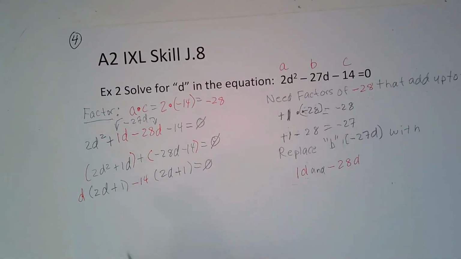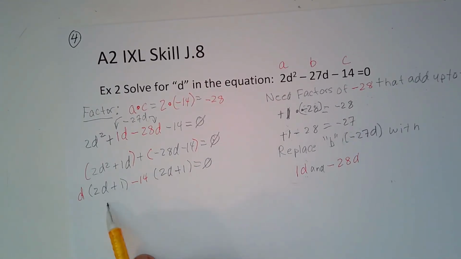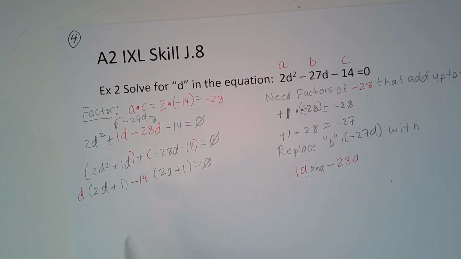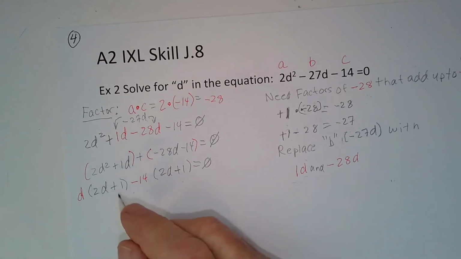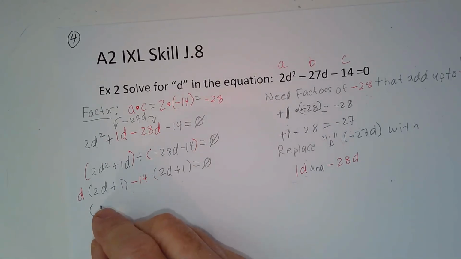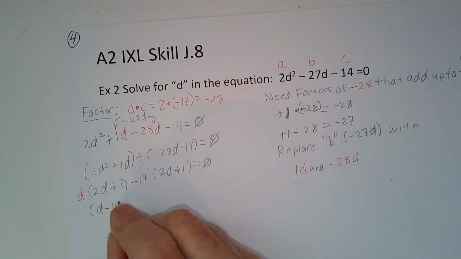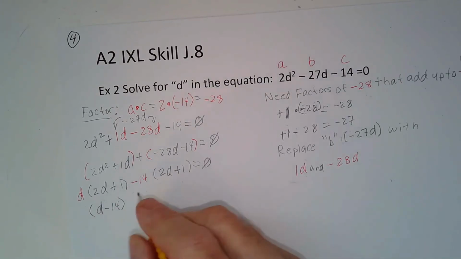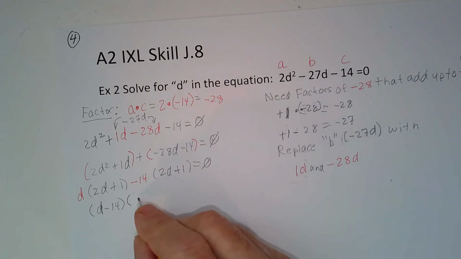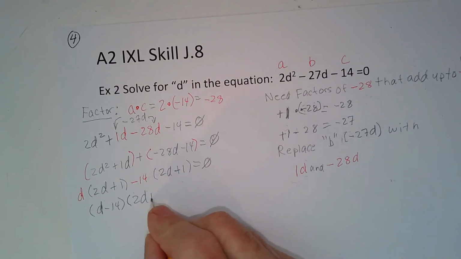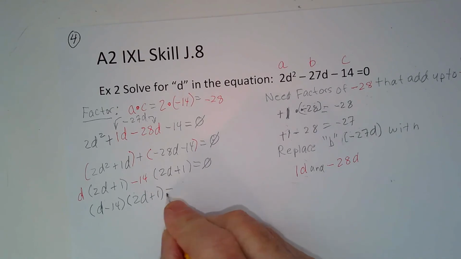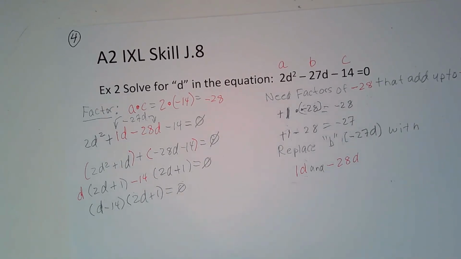So now I can rewrite this. You'll notice I've got 2d plus 1 in two places. One's multiplied to the d and one is multiplied to the negative 14. So because of that, we can take d and negative 14 now, and we can create d minus 14 times 2d plus 1. And that equals 0. All right?